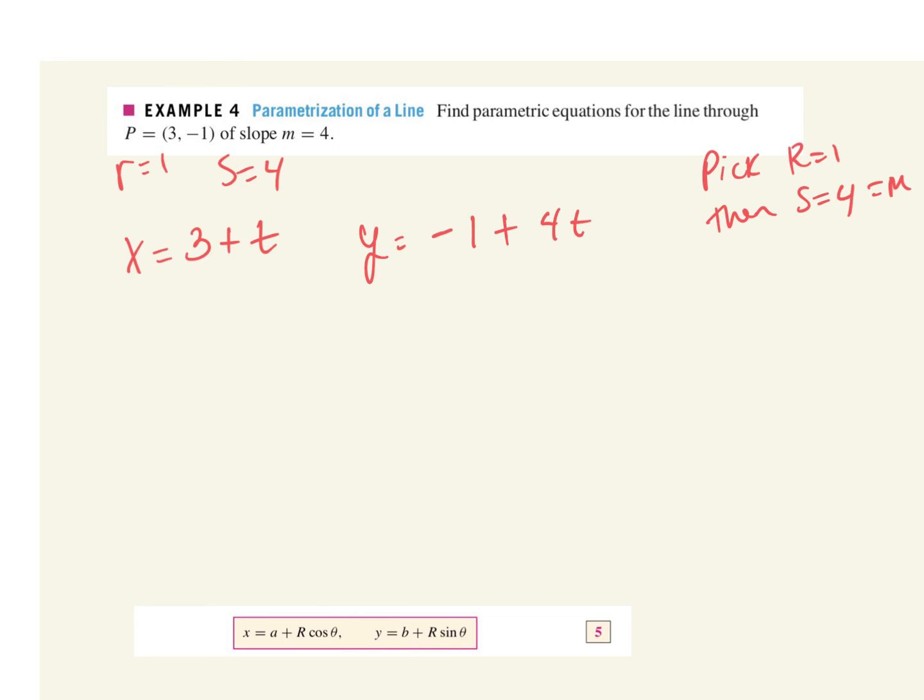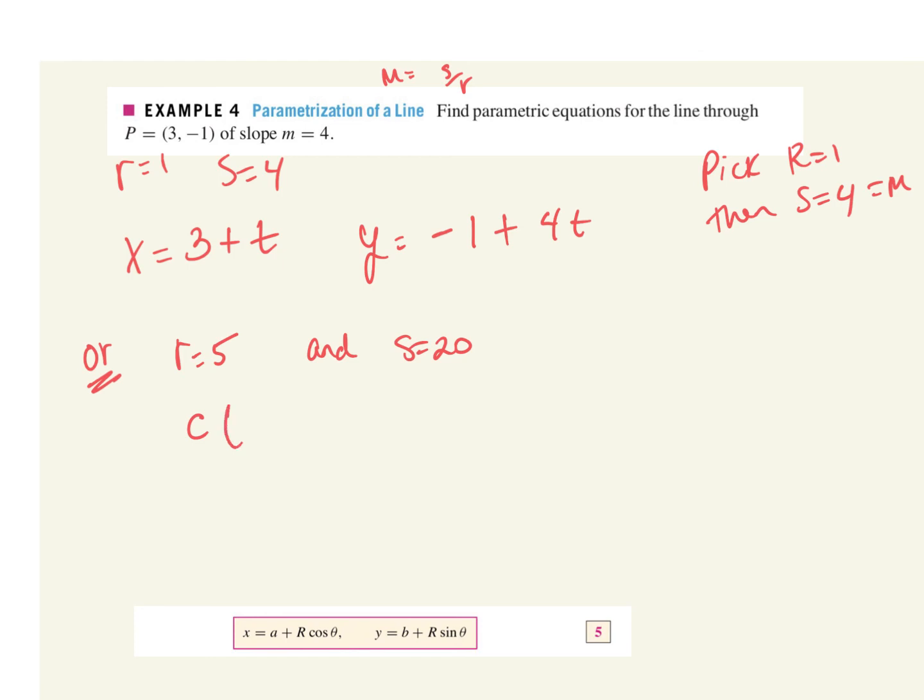I don't have to do that. I could do something else. It's the same relationship. I could say, what if r is 5? If r is 5, m was equal to s over r, then s is 20. So I'm keeping that same ratio and coming up with a different relationship.